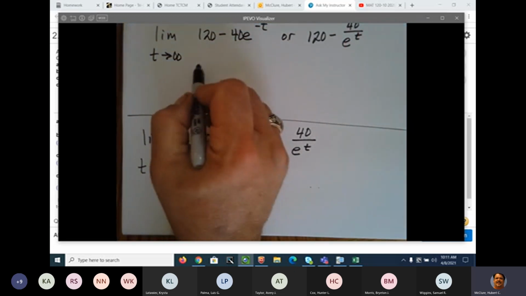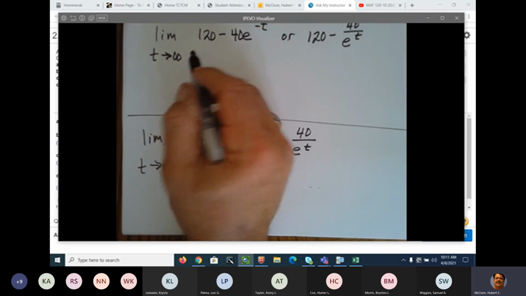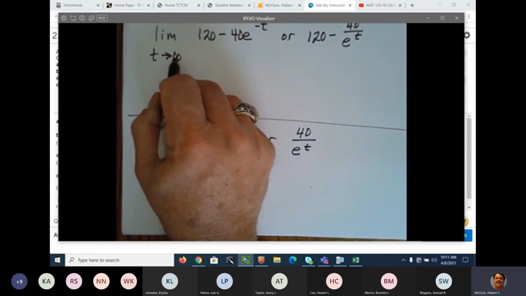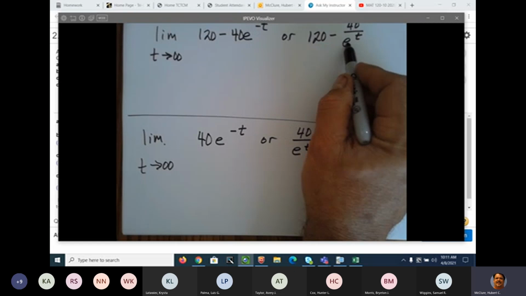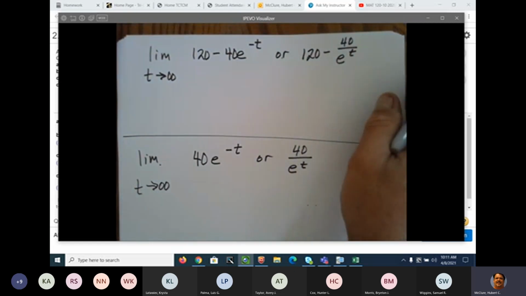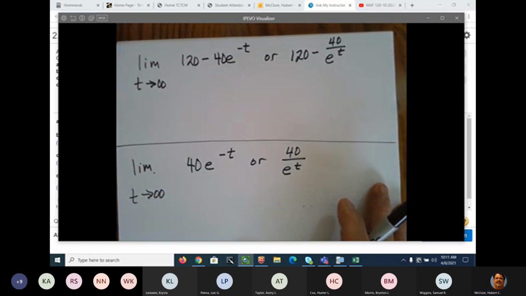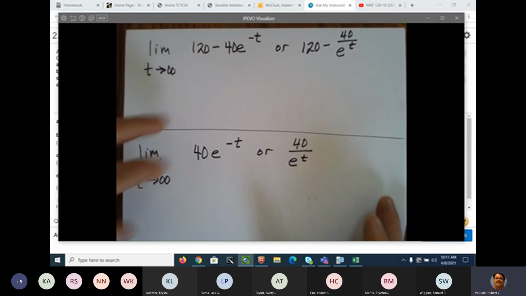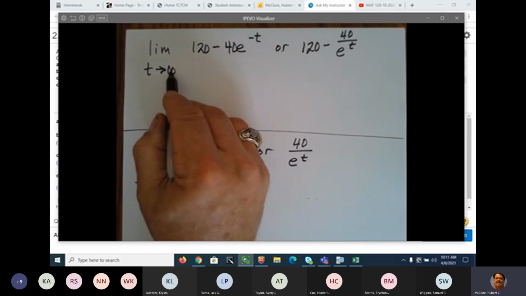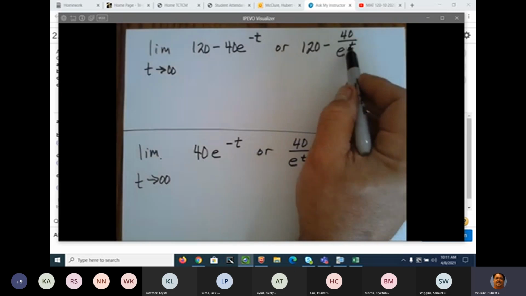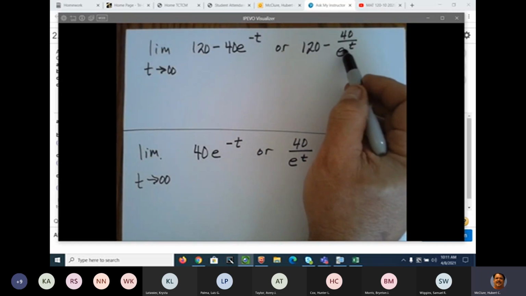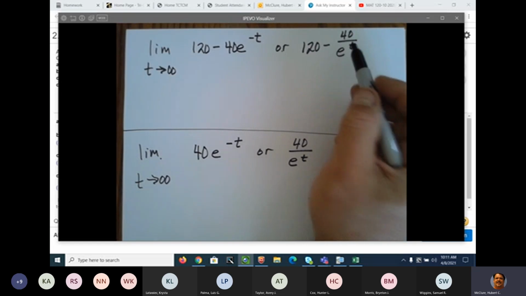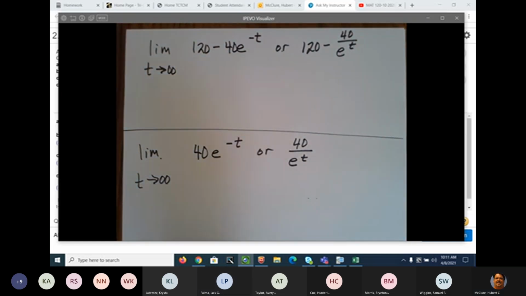When you plug infinity into this, somebody tell me what happens to the fraction. This is just common sense. If you plug infinity into e to the infinity right here, what happens to this fraction? It approaches 0.